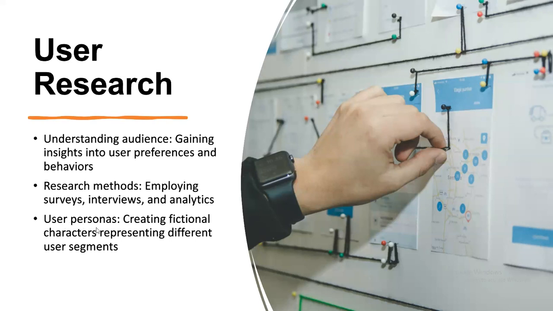And next is user persona. Here we create fictional character personas and assume them as our target audience, and we give them different characteristics, personalities, etc. This helps us to make our design usable for diverse users.